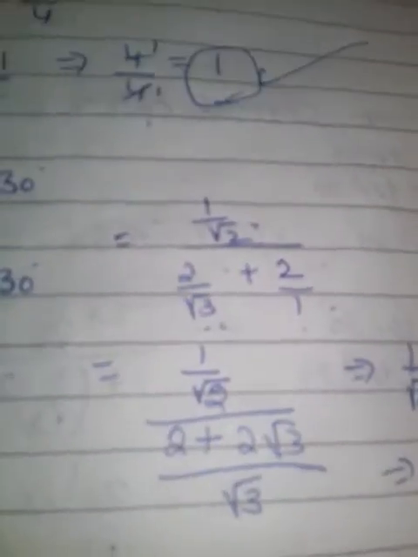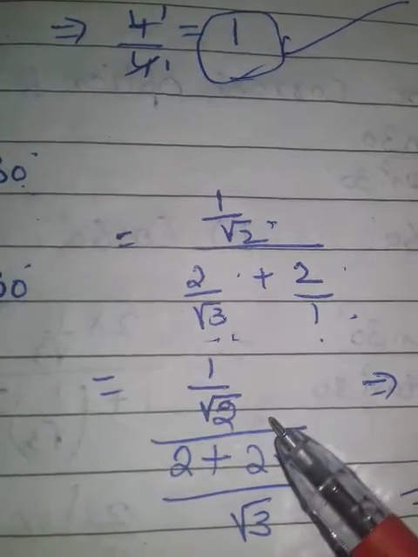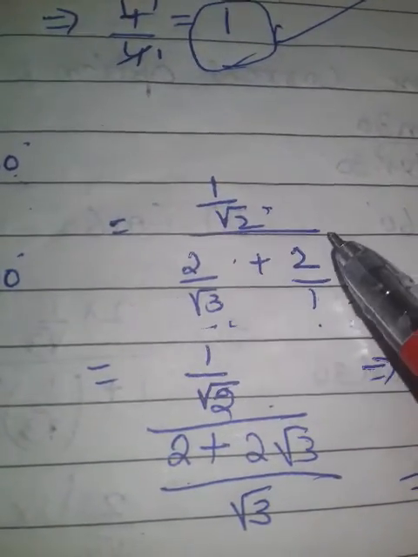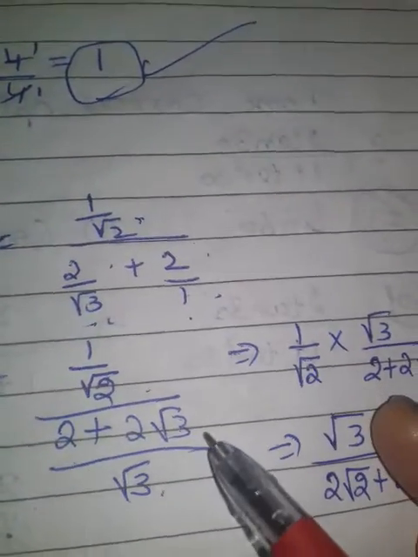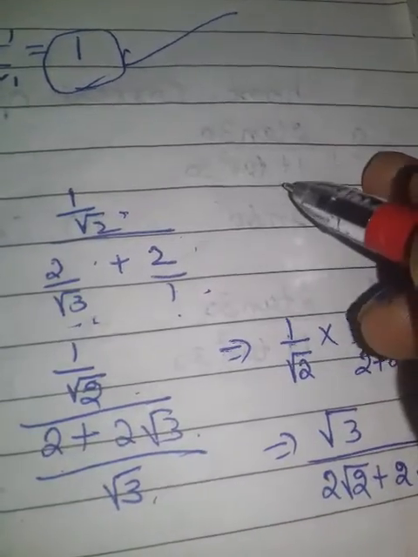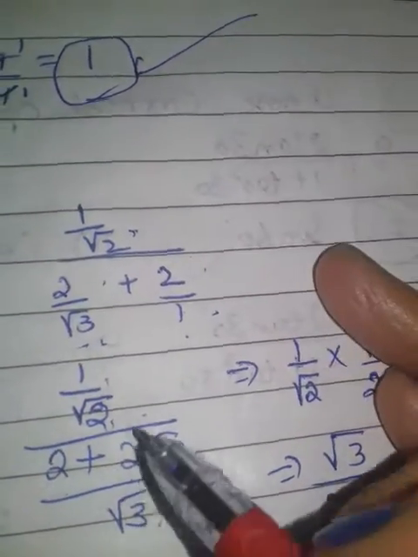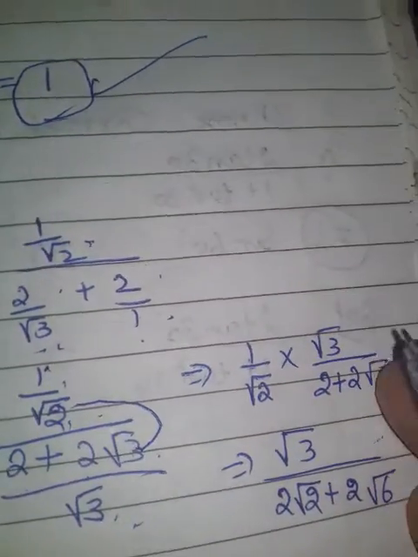So after putting the values, what have I taken? The LCM. In the LCM, I got 1 by root 2, and here root 3 was not there, so it is multiplied here. After that, I have taken its reverse. You know, when 4 terms are here, you multiply this term with the consecutive term, and the numerator with the last one.